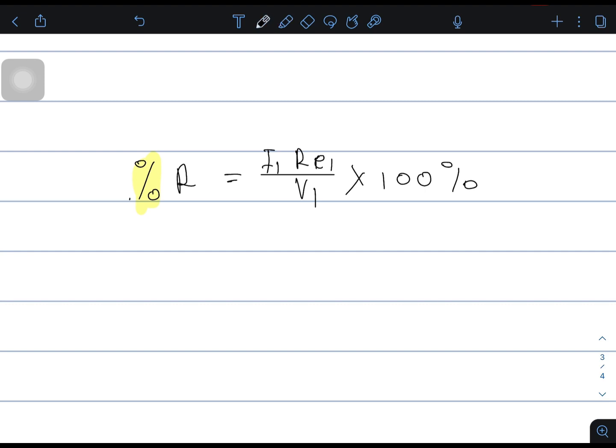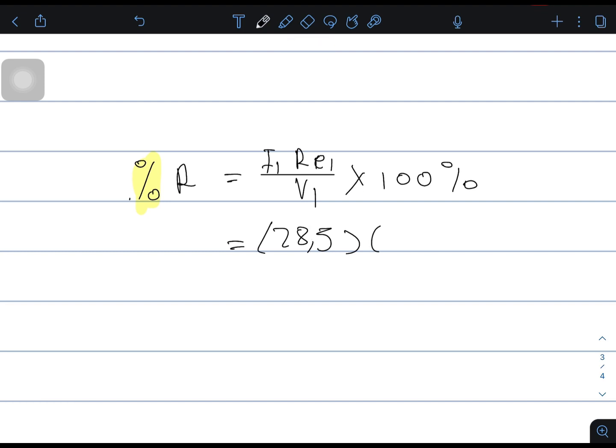So what will it be? It will be I1, which is the supply current, equals 28,5.